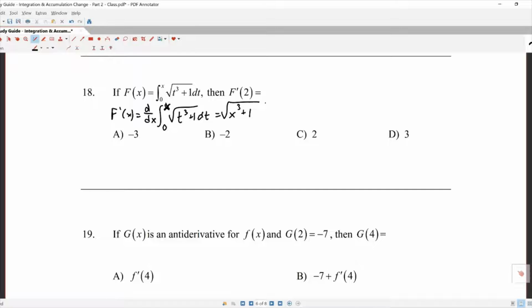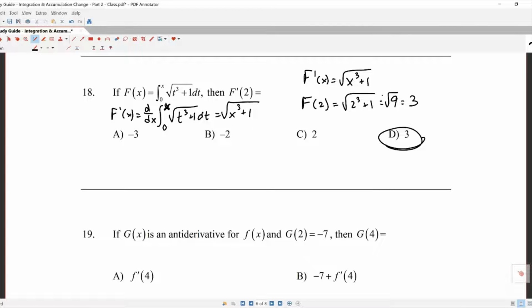So that's f prime of x. And so f prime of 2 is the square root of 2 cubed plus 1, which is the square root of 9, or 3.